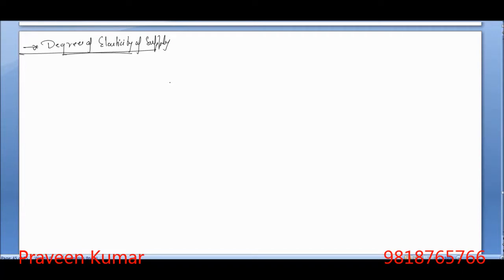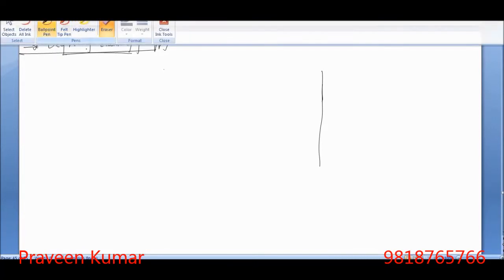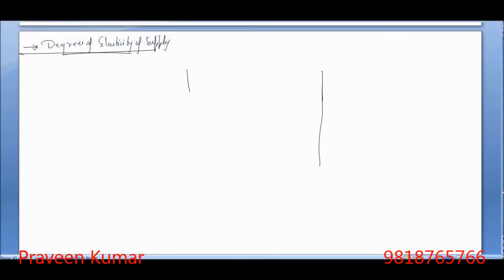As in the case of the demand curve, we also have five sorts of degrees of elasticity of supply curve. Let's draw them one by one and let us see what this means.